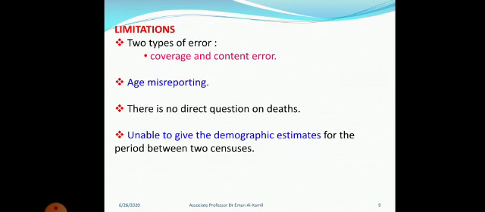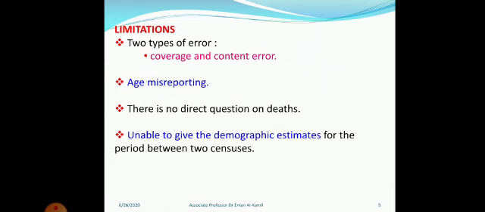but it has certain limitations, such as two types of error, which include coverage and content error. Although we have a group who should be trained in order to have the same level and the same types of information, sometimes there are defects in coverage and content error.